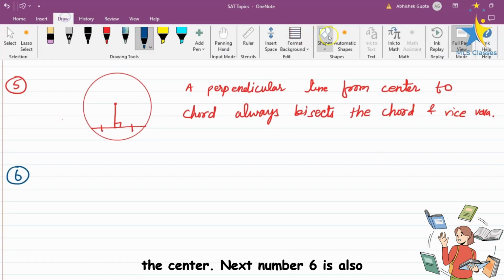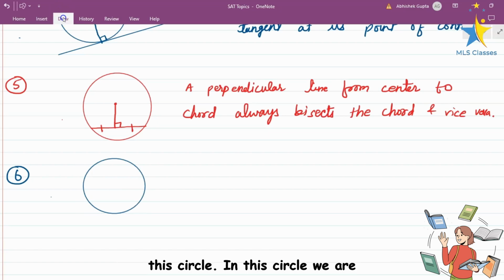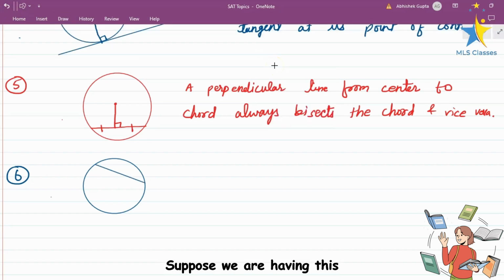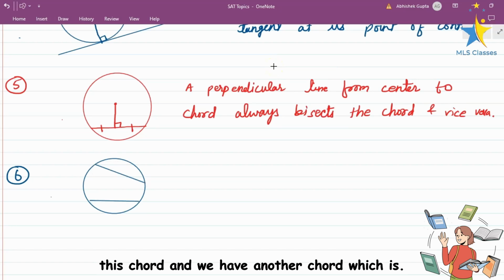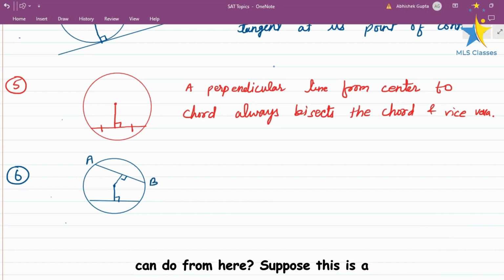Next, number 6 is also about chords only. Suppose we have this circle. In this circle, we have two chords, this chord and another chord, and suppose this is the center. From this center, this is a perpendicular line to one chord and this is another perpendicular line to the other chord.